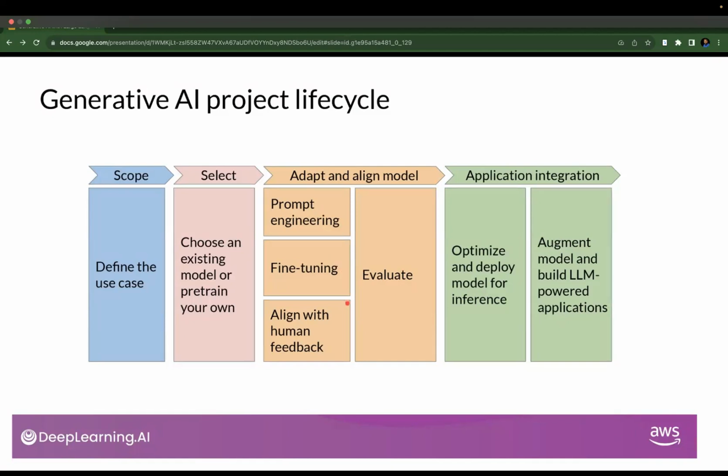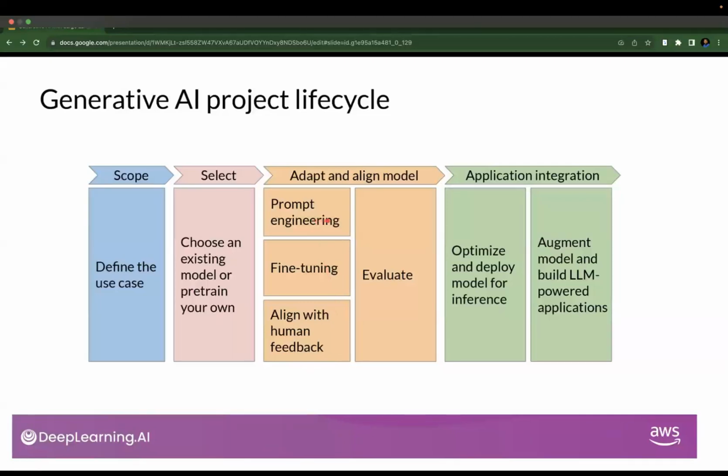Also, a lot of times models are not honest in their response, or they are not helpful, or they are harmful in their response. So we have to align the model with human feedback, or after inspection by the humans. That is also one of the steps to follow.